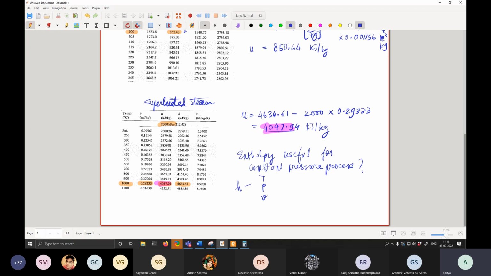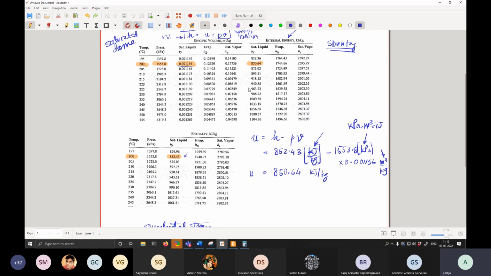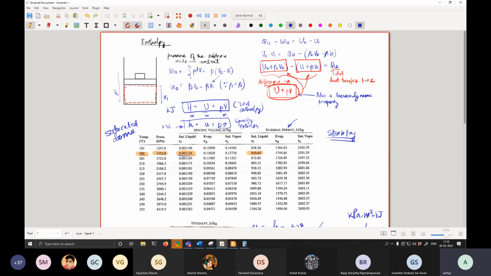It is not that enthalpy is true only for a constant pressure process, because we have already seen that the combination U plus PV gives us a unique property which we have defined as the enthalpy, which helps in pinpointing where the state point is.